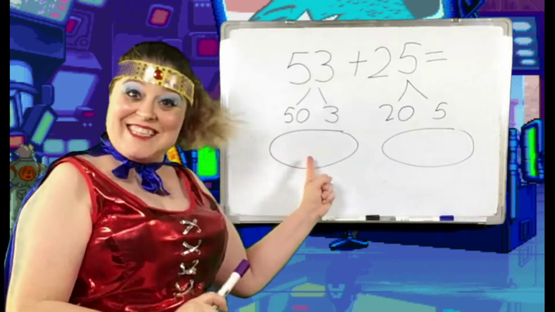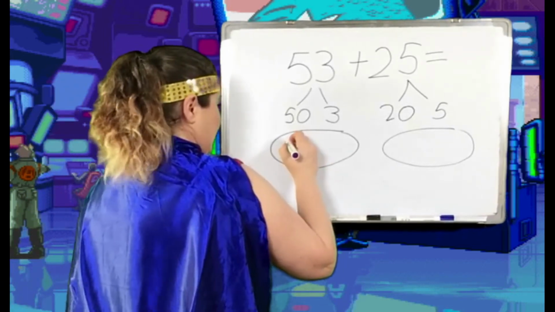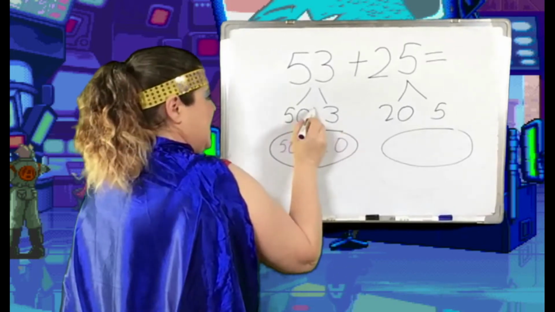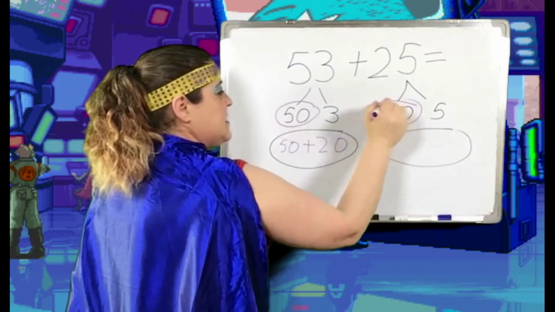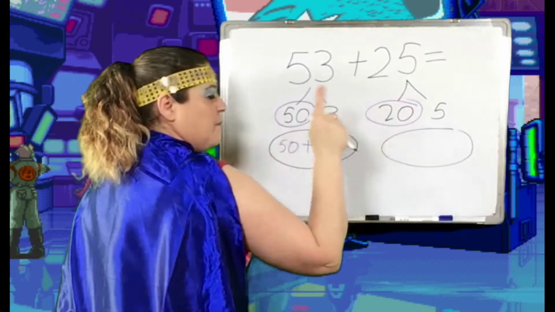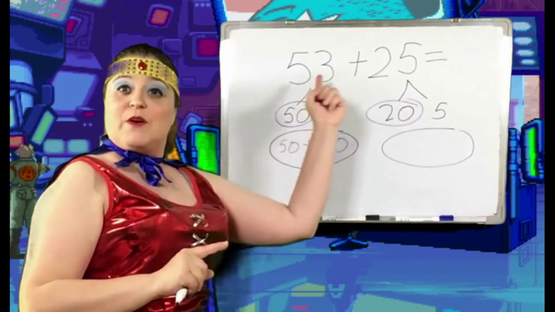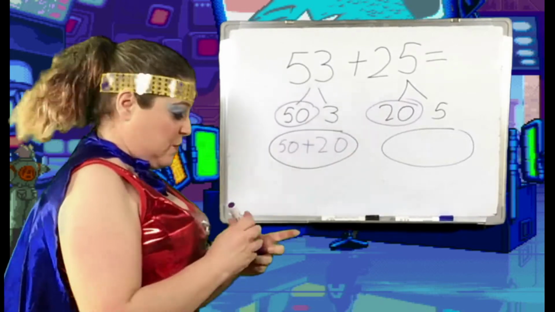Next, we put the tens in the first circle. 50 plus 20. This is the 10 from this number. This is the 10 from this number. Okay, you need to choose the 10 from the first number and the 10 from the second number to put into this first circle.